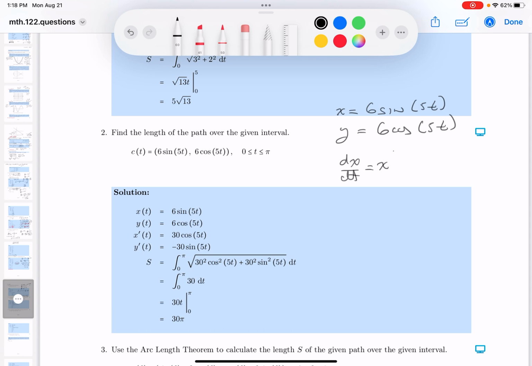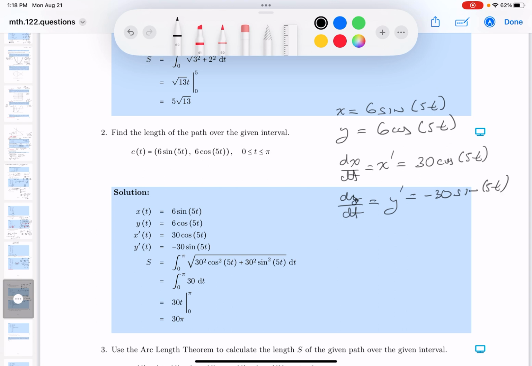You could also write that as x prime, with the understanding that x prime means dx dt. What do you get there? Well, you can get 30 cosine of 5t. I'm going to write down dy dt. You could also write down y prime with the understanding that y prime is dy dt. What's that going to be? Minus 30 sine of 5t.